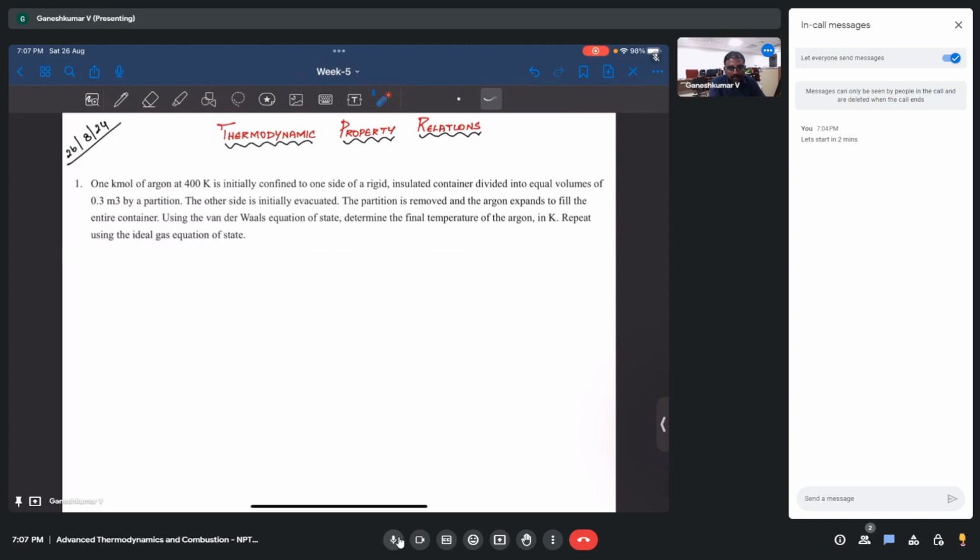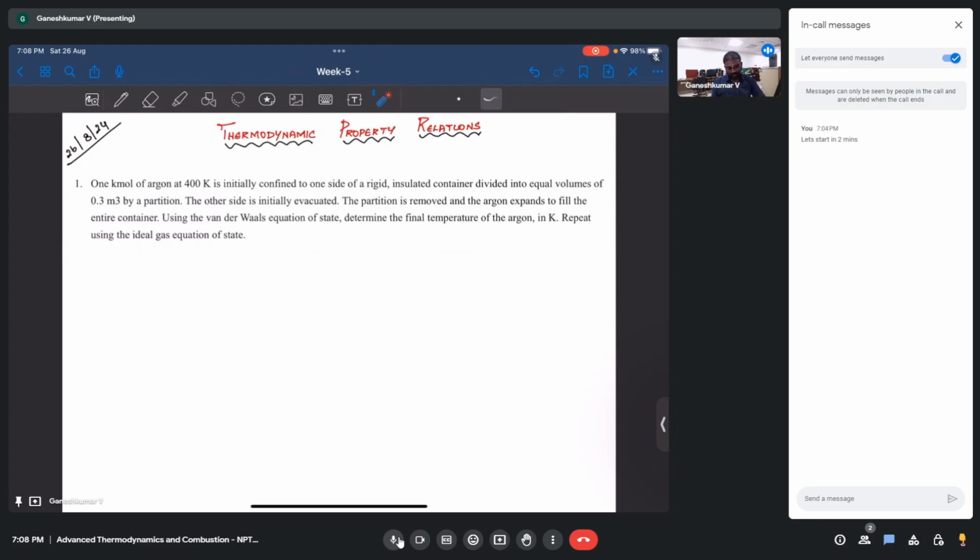This week we will be emphasizing some more topics like the Joule-Thomson coefficient and the internal energy equations that we learned, and also something related to the Clapeyron equation. So I have three questions today. We will go forward, and if you have any doubts, you can always share them in the discussion forum.